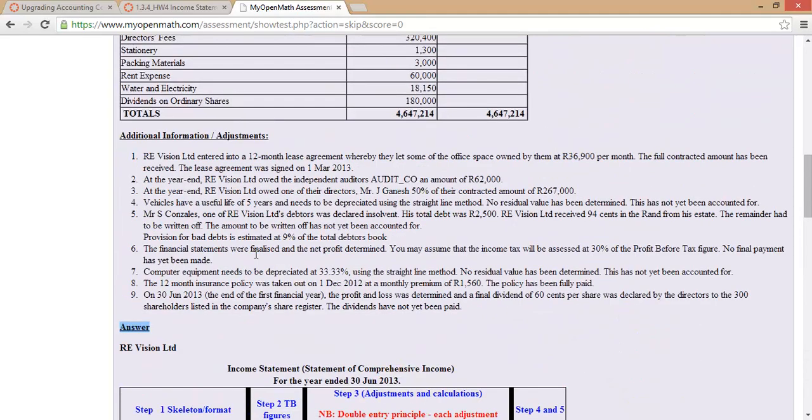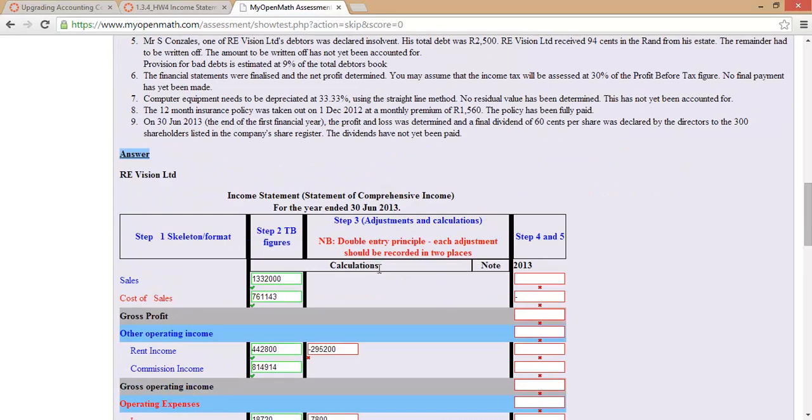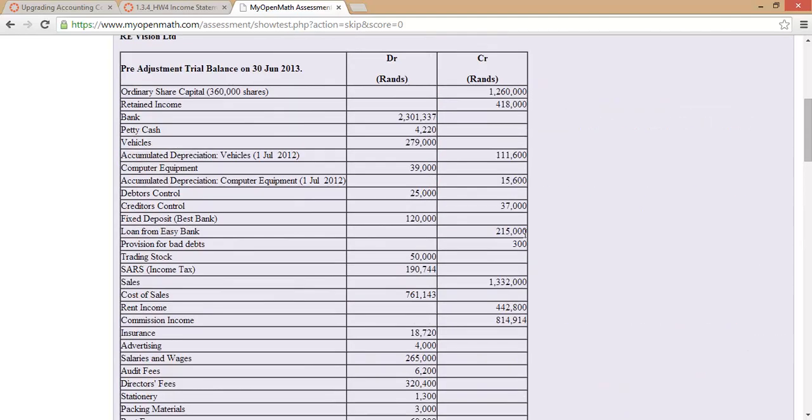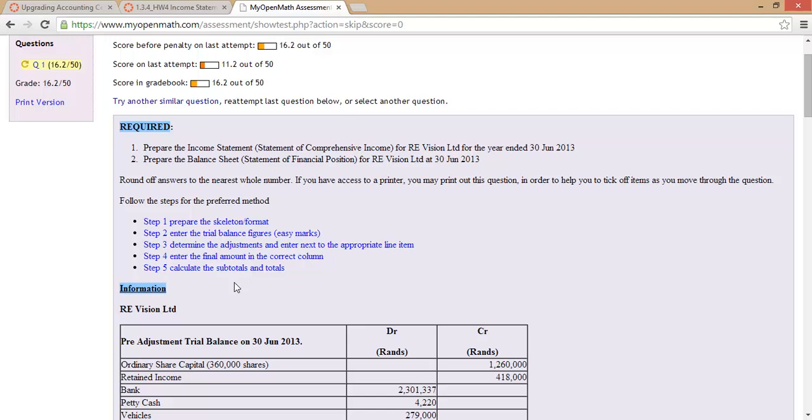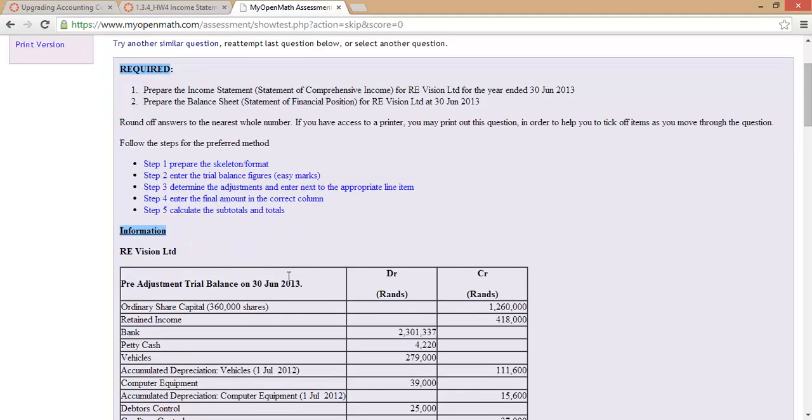We've processed all the adjustments. Remember what we did? Every time we processed it in two places, and to be in line with the double entry principle. And now we are ready to perform step 4 and 5, which is to enter the final amount in the correct column, all right, and then calculate the subtotal and totals in the financial statements.